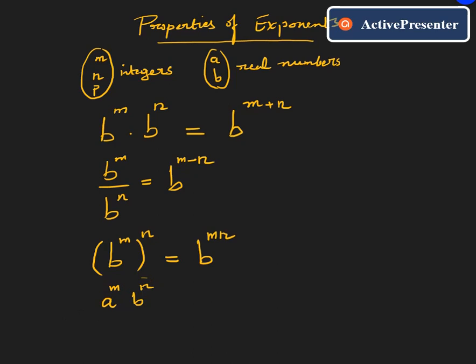If we say a to the m multiplied by b to the n, all to the power p, okay, this is equal to a to the power p multiplied by m and b to the power p multiplied by n. So the answer should be a to the power mp multiplied by b to the power np.